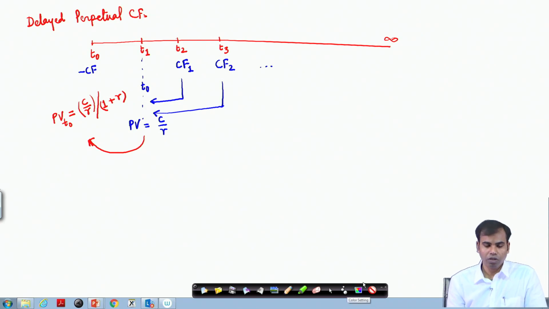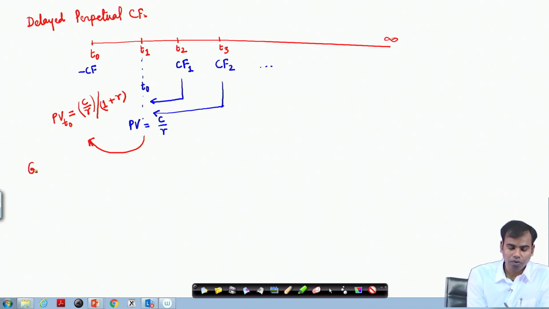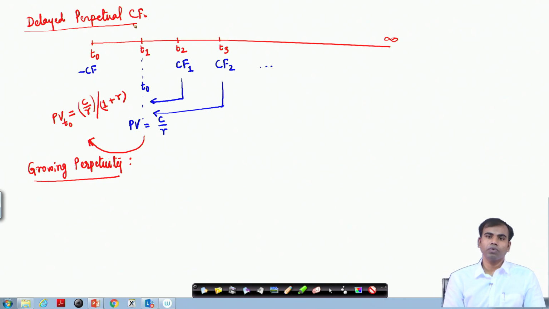Now, take a situation of growing cash flows, where the cash flow is growing at certain growth rate. So earlier we discussed perpetual cash flow, then we touched upon the delayed perpetual cash flows. Now, let us get into the growing perpetual cash flows.